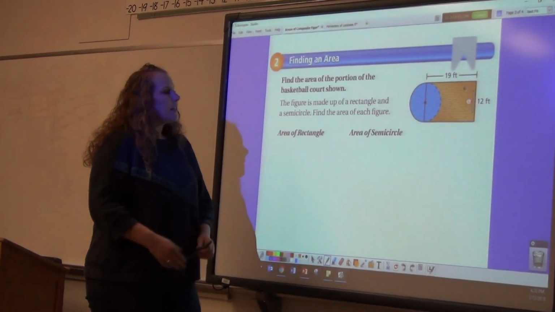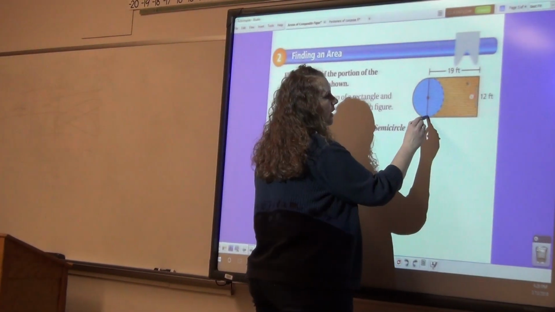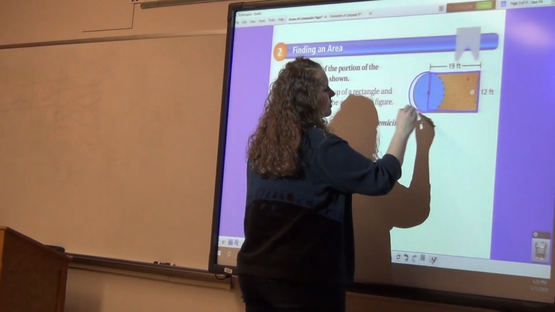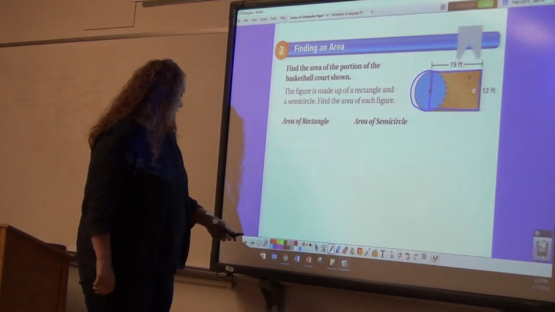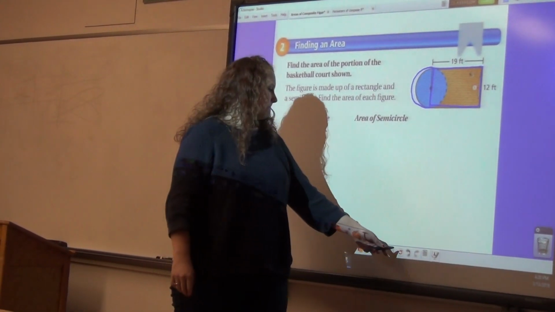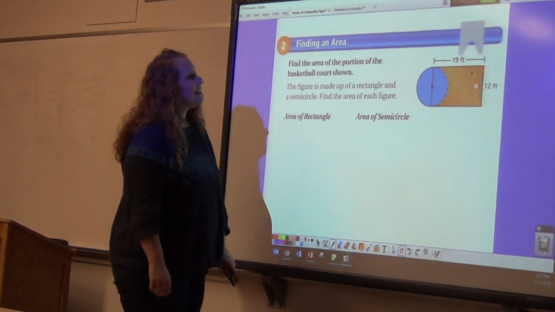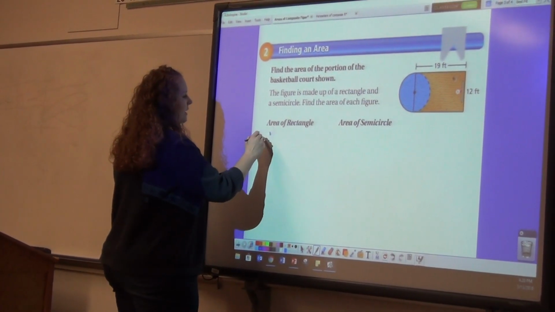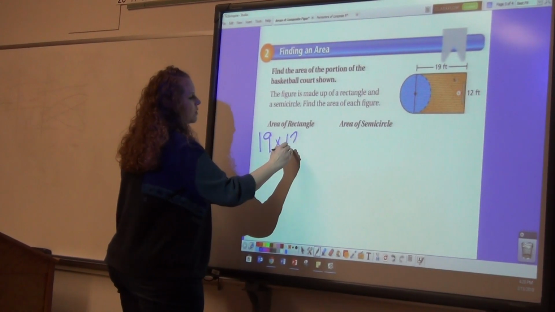Let's try this one. This one is made up of a rectangle and a semicircle right there. Our rectangle is 19 by 12, so the area of our rectangle is 19 times 12.